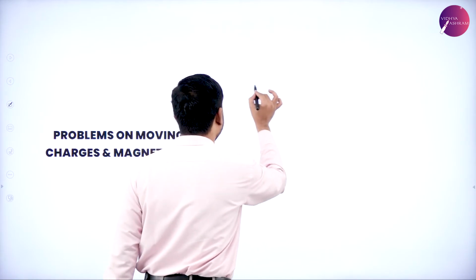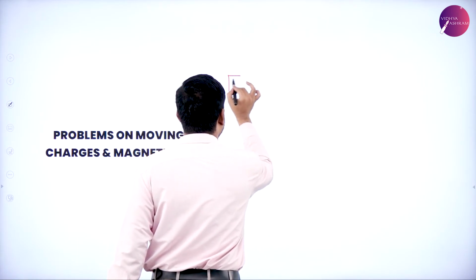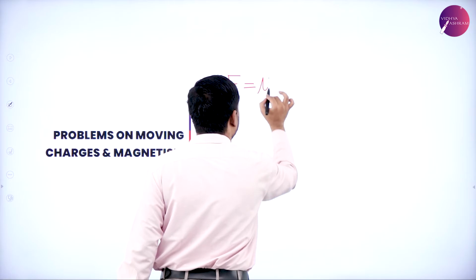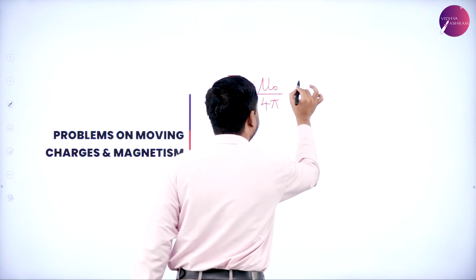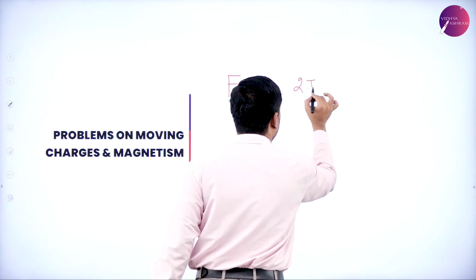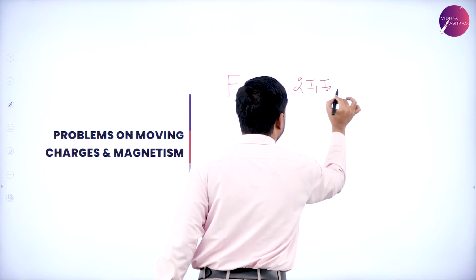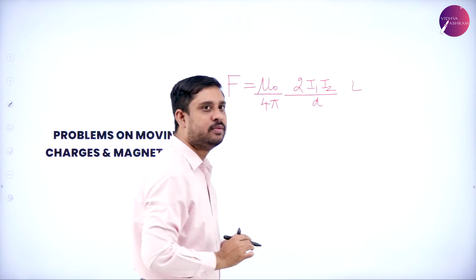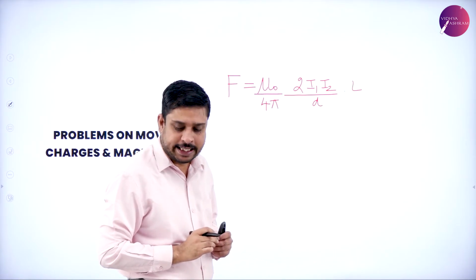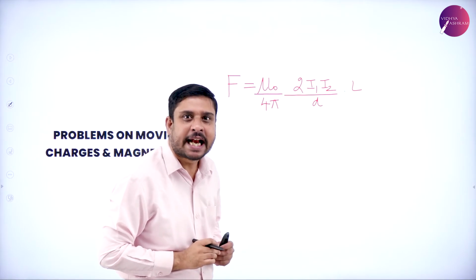So, again by expression, F is mu naught by 4 pi into 2 I1 I2 by D into L. So very clearly we have derived this.